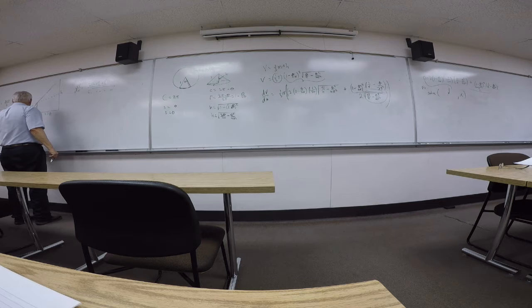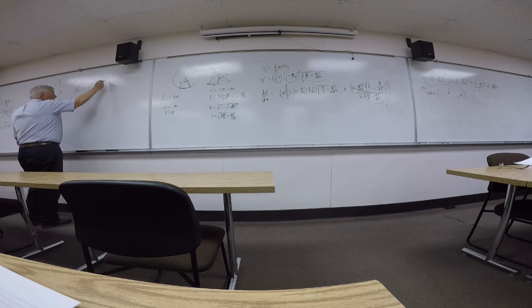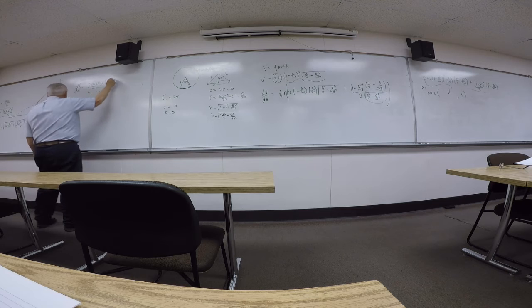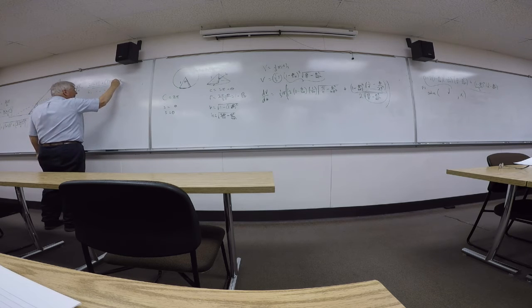64 times (x + 27) squared will be twice 64, 128 times (x + 27).